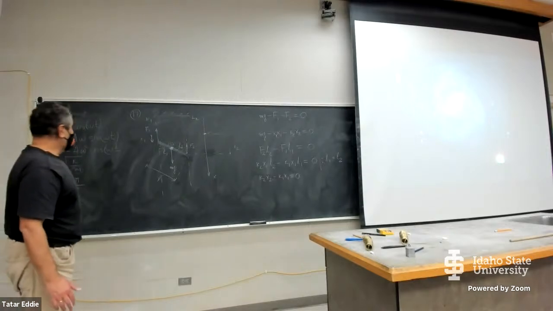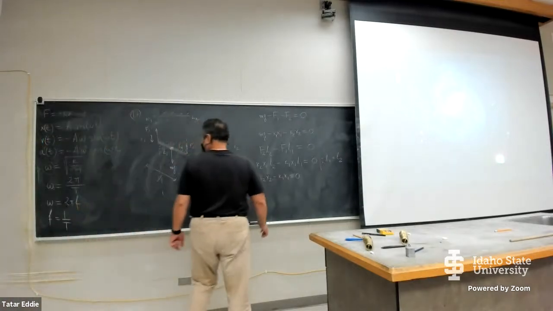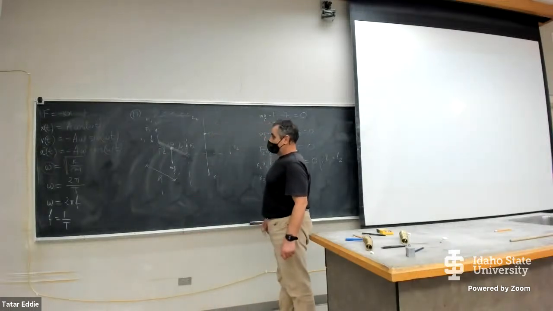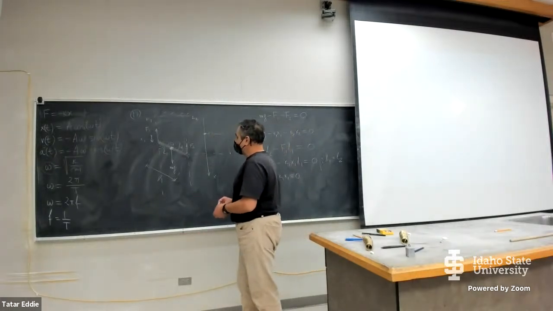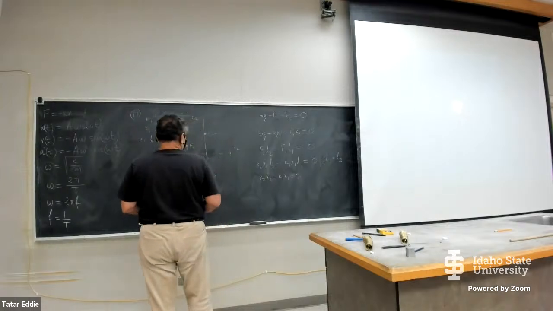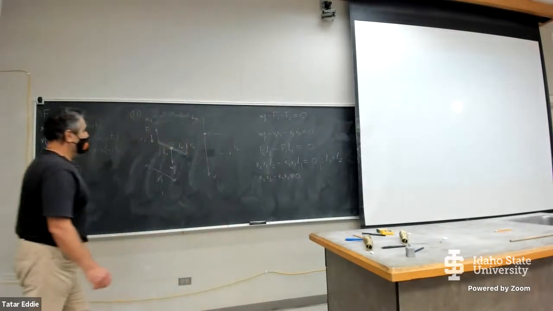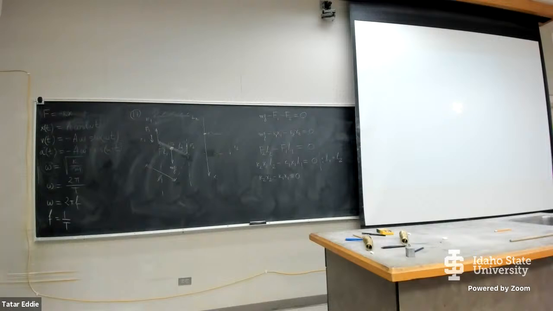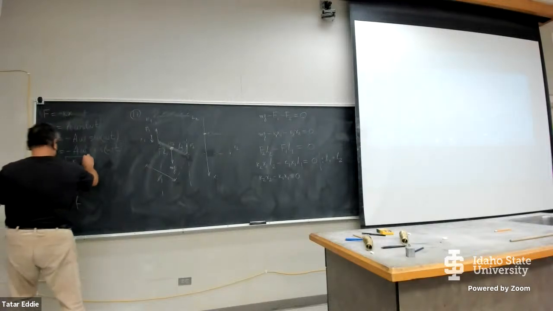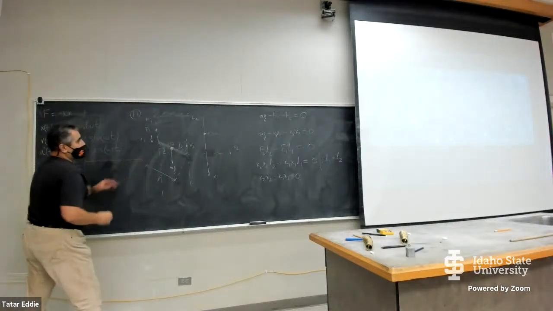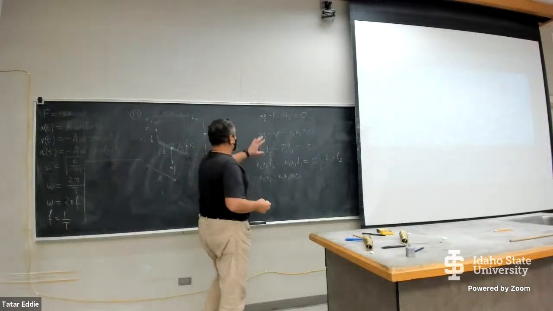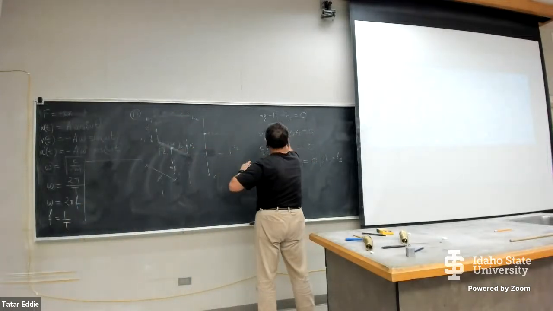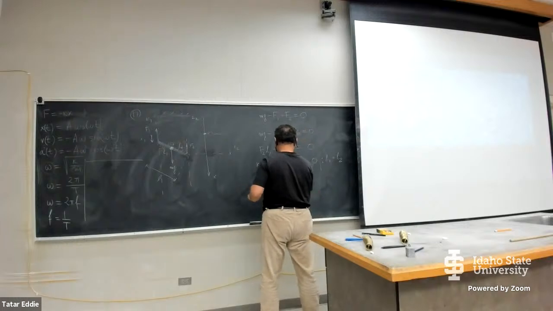Okay, so now I have to clean a little bit of real estate. Let's start maybe here. So the two equations that are left are this one and this one.